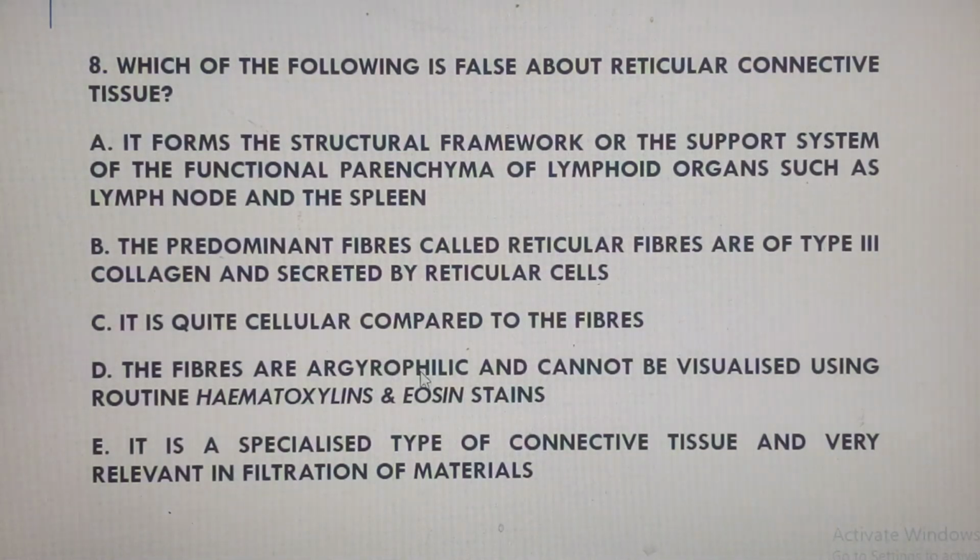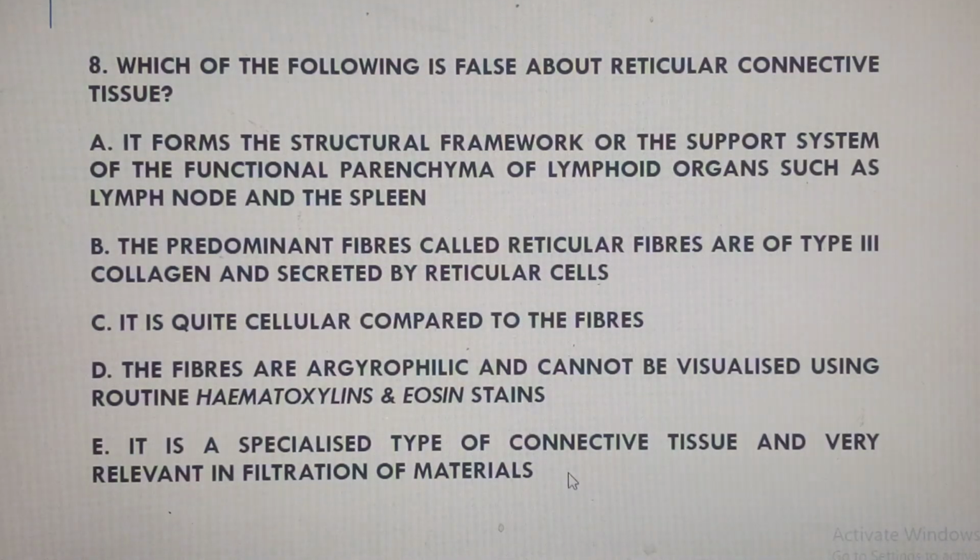When you use the silver salt, it reduces the silver ion to silver metal, and that makes the fibers dark. When they are dark, that is when they can be visualized. They show that branching as well, and they form the important framework for filtration.